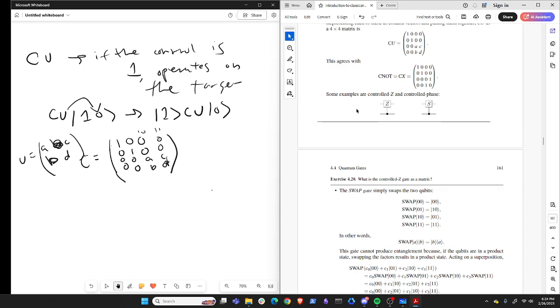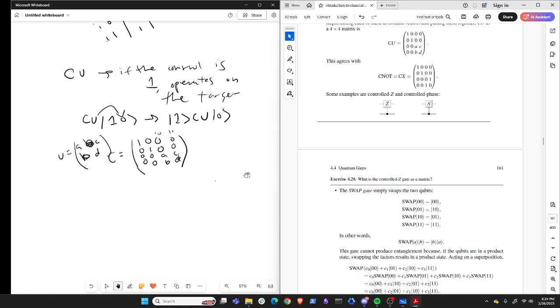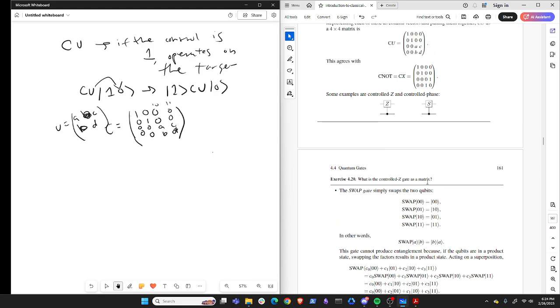Controlled Z, exact same principle. We apply Z conditioned on the state of a control, and the same thing with the S. So any gate can be controlled. So, for example, let's say, what is the controlled Z gate as a matrix?